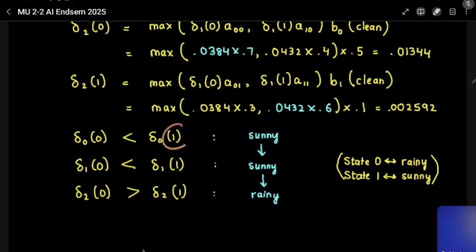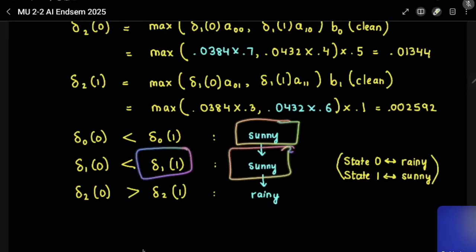So if 1 is greater, it means if you had picked state sunny, you would get a higher probability. So the first state will be sunny. Here also sunny. And since the probability became maximum when you picked state rainy, 0 is rainy, 1 is sunny.